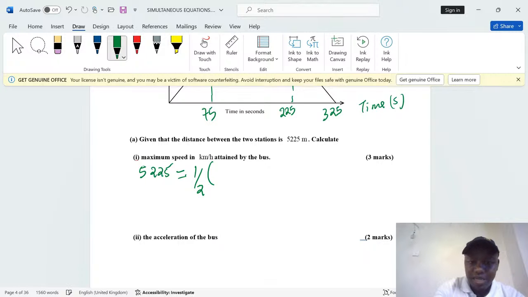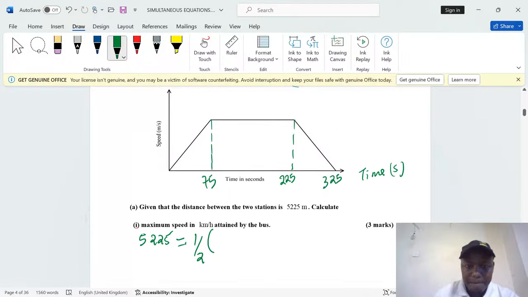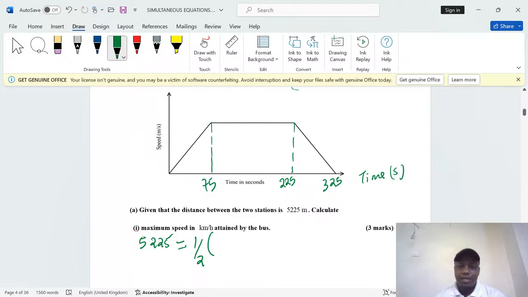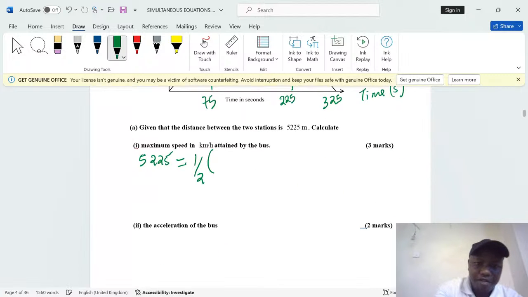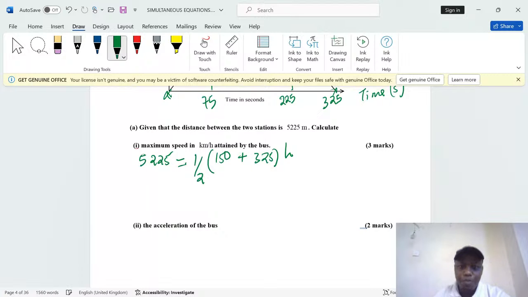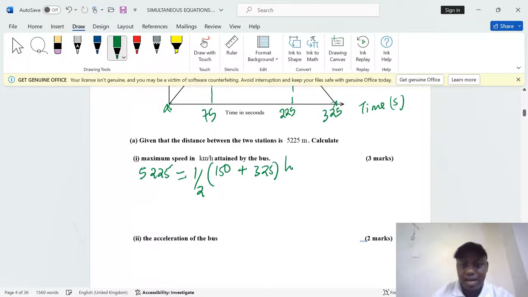Therefore, with a trapezium, we need the sum of the parallel sides. From 75 to 225, we have said that is 150 seconds. Then the other one is from 0 to 325, the lower length from this point all the way to the end here.